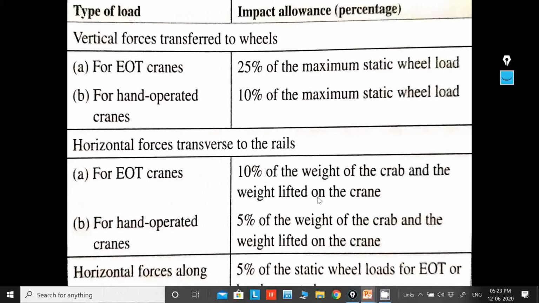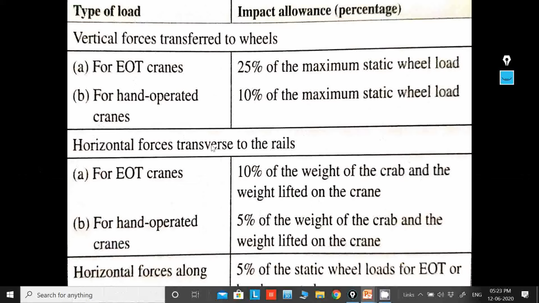For vertical force, for electrically operated cranes, we have to give an impact allowance of 25% of the maximum static wheel load. For hand operated cranes, 10% of the maximum static wheel load.